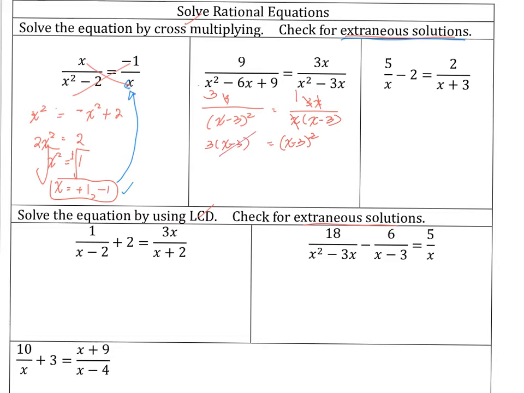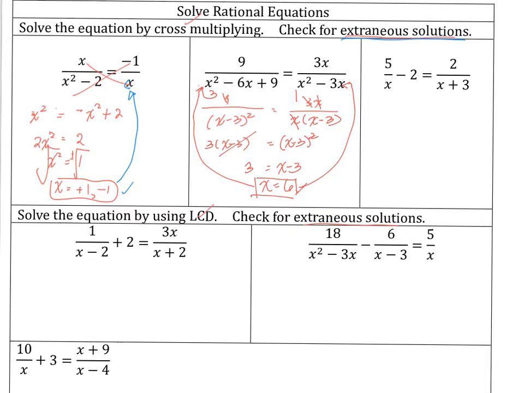I can simplify this. 3 equals x minus 3, x equals 6, and you have only one solution. And again, if you substitute 6 back into the denominators, you won't get a denominator of 0. So 6 is not an extraneous solution that will give you a fraction that's undefined.